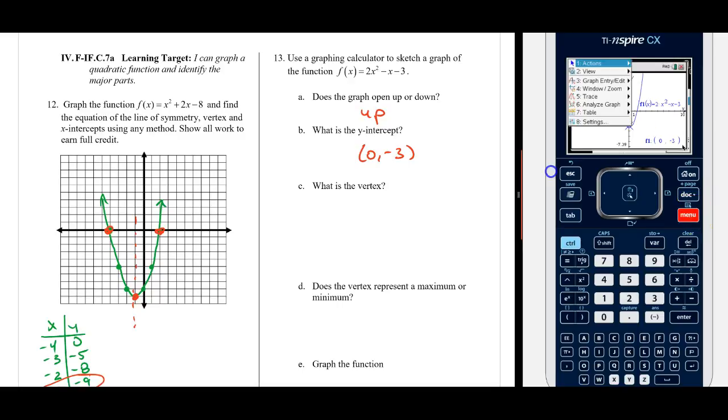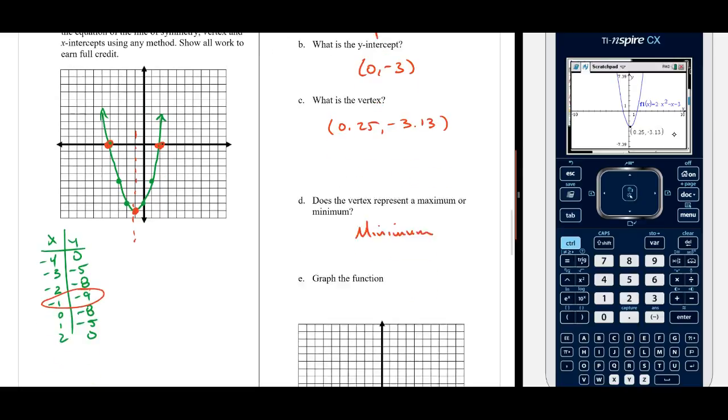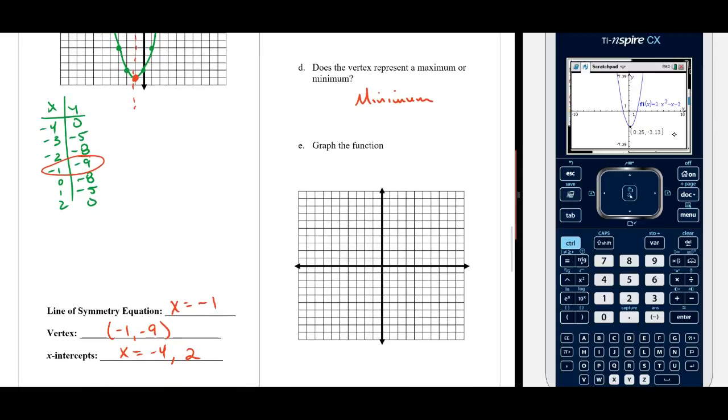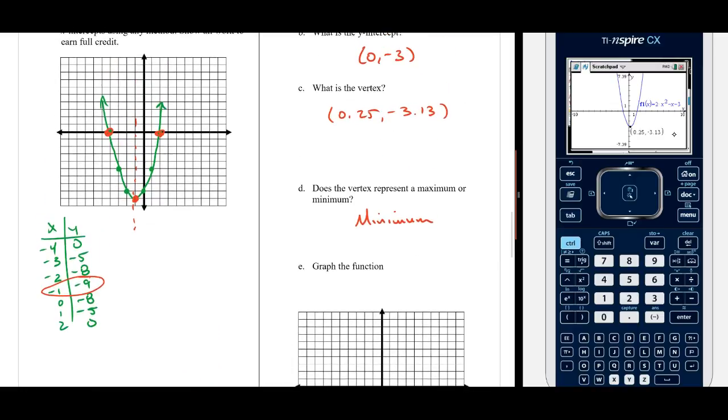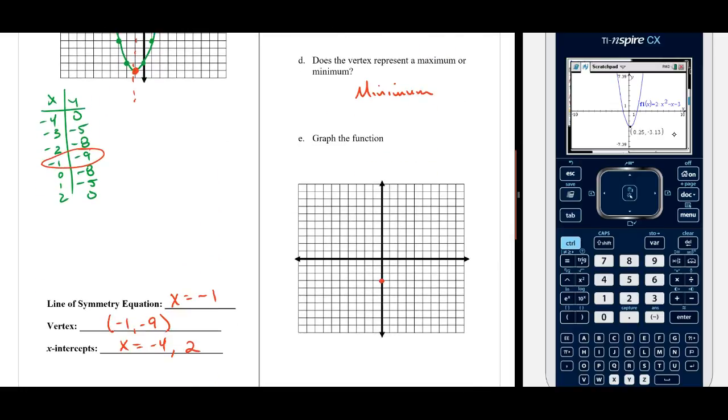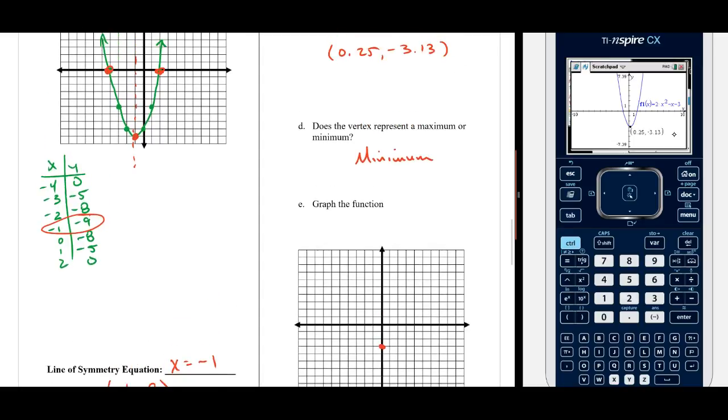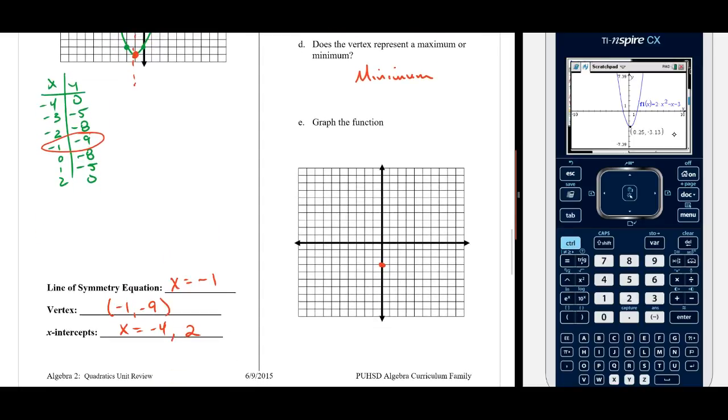What is the vertex? So menu, analyze graph, minimum. And my vertex is at (0.25, -3.13). Does the vertex represent a max or a min? That's going to be a min. It opens up. Graph the function: it has a y-intercept at (0, -3) and a minimum value at (0.25, -3.13).